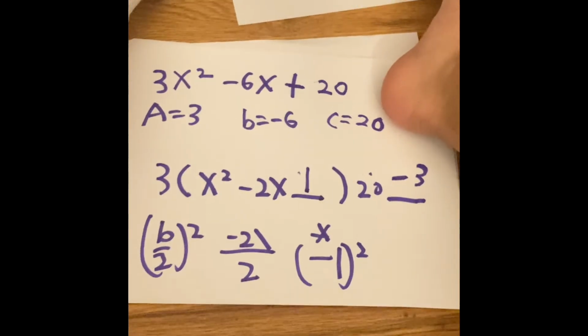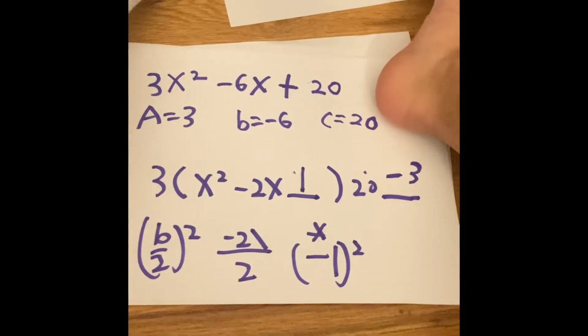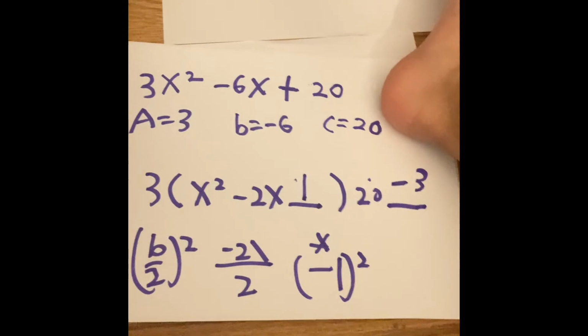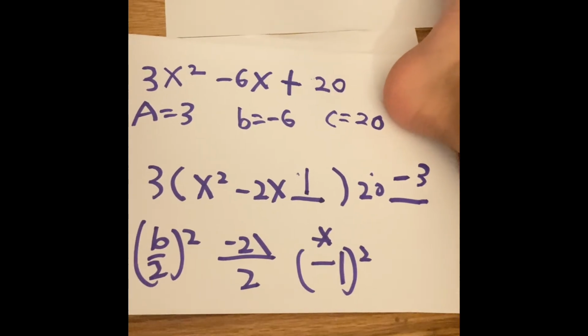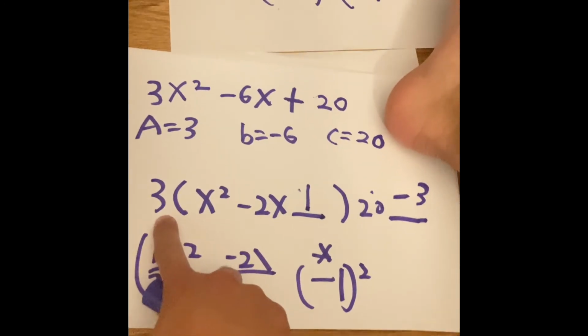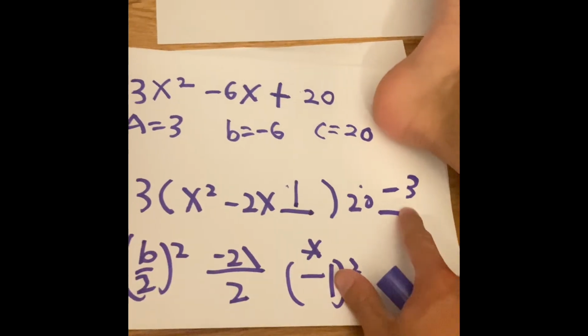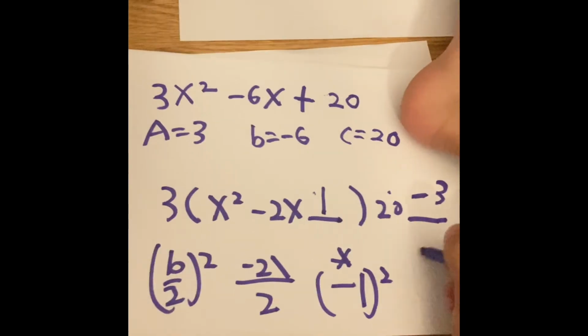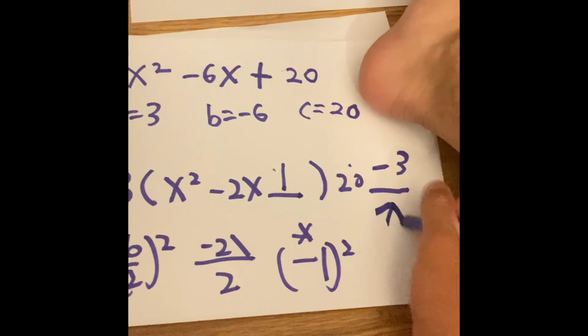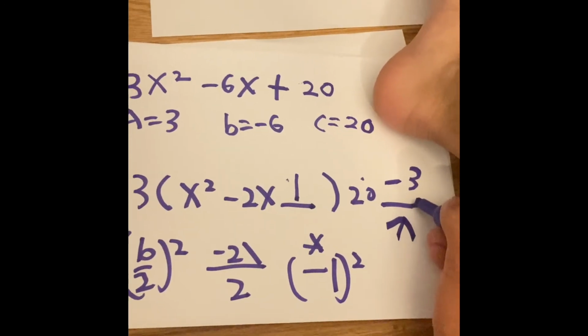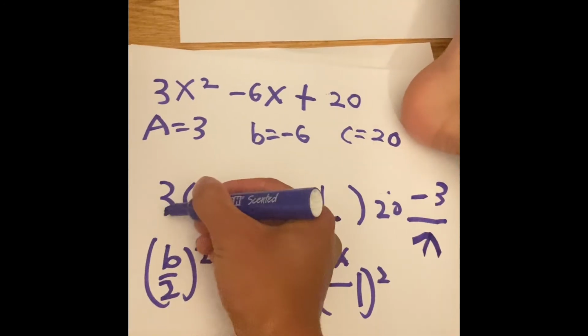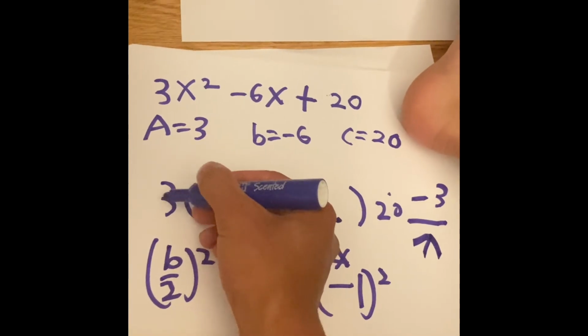Why a negative 3? Well, going back to the previous problem over here, we said that it has to be balanced in order for it to work. So since we have a positive 3 here, the reason why we have a negative 3 is because the right-hand side that you insert has to be the opposite of your a value on the other side.